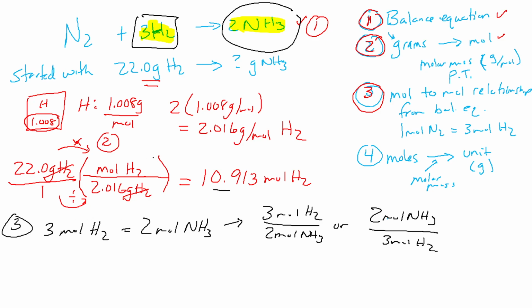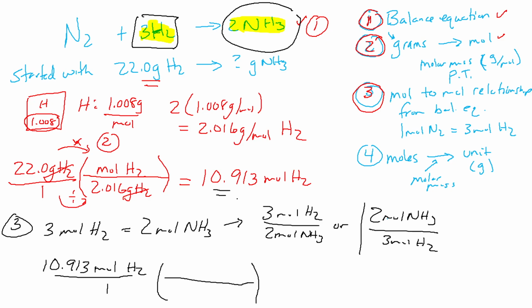So taking our number from the previous step, 10.913 moles of H2, again, just taking a dimensional analysis approach, moles of H2 are up on top, opposites cancel. We need the conversion factor right here, and that would give us 2 moles of NH3 up on top, 3 moles of H2 on the bottom.